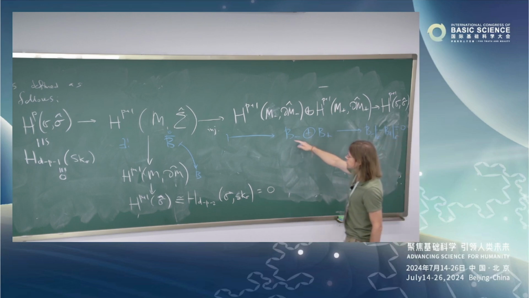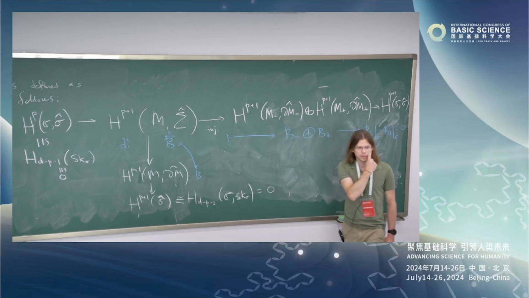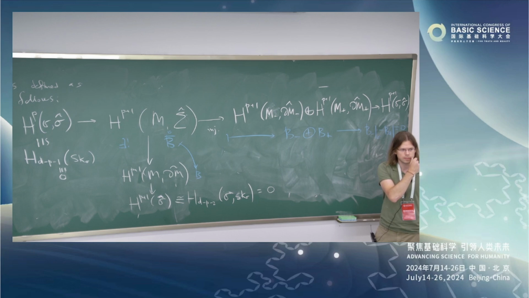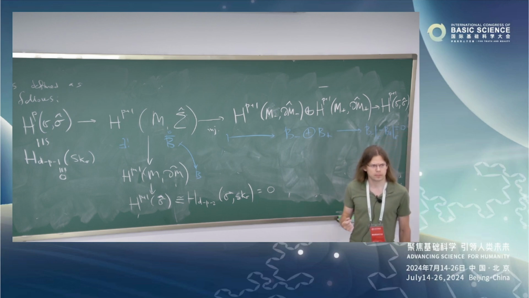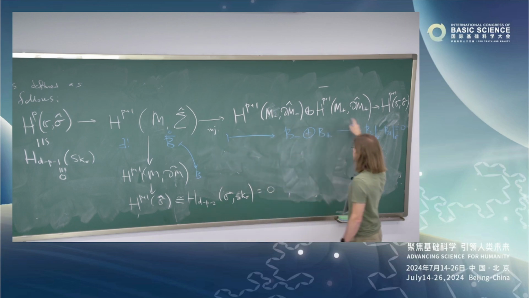We first go here, so there exists a unique preimage, and then I go like this. Yes, this map is a pullback with respect to inclusion.